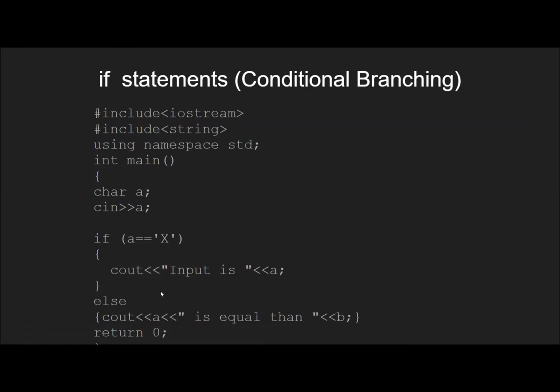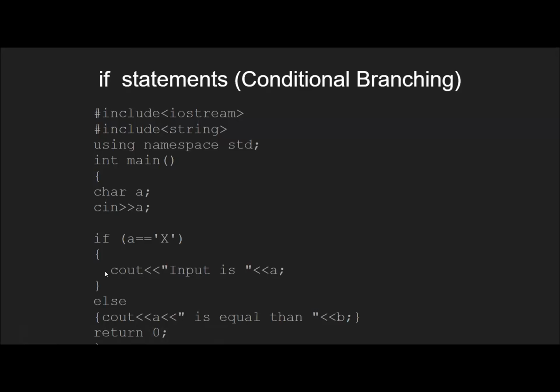Within the curly brackets, where you have given the if condition and the cout statement, you can add another if statement, and that is called a nested if, an if within an if. You can have as many layers as you want, 20, 30, 40, 100, it doesn't matter. You can have as many if conditions as you want within an if condition.